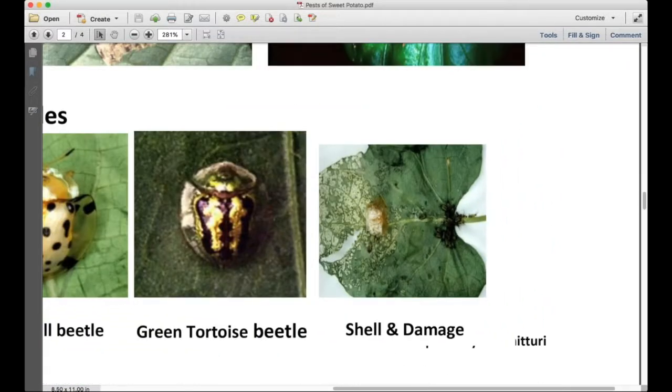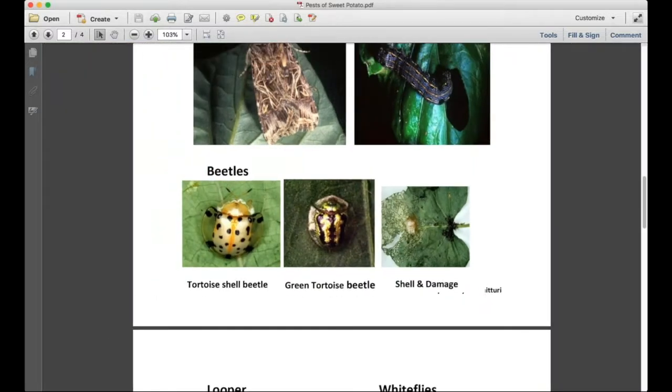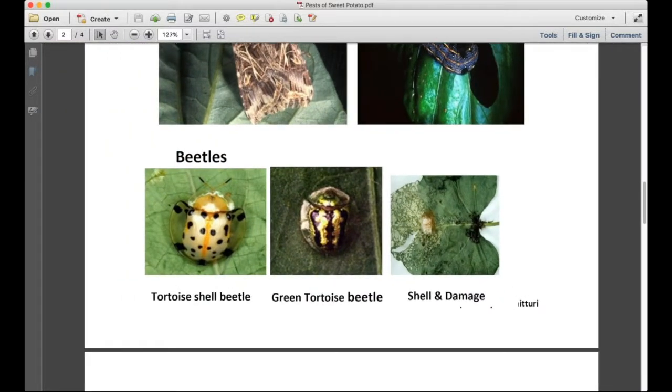It shouldn't be a confusing thing when you are seeing it in the field. A beetle damage is different than a caterpillar damage. With beetle damage you see shells on the leaf, and then you see tiny grubs. I'm just talking about the foliage beetles.